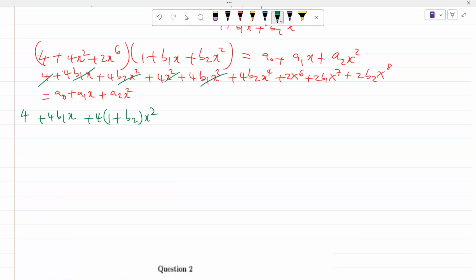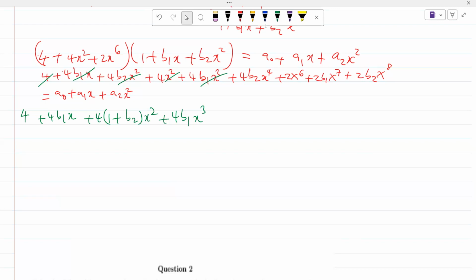Let me check. It's the only cubic term that exists, so you note it down. You have exactly 4b1 x cubed.